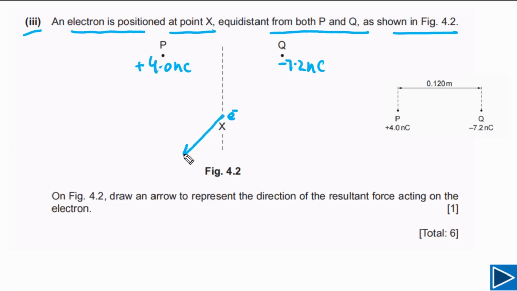So this is force on electron due to negative charge Q. And the force due to charge P will be attractive because these two are opposite charges. So the force will be in this direction. So this is attractive force. I draw this arrow shorter because force due to P is weaker than force due to Q. So we have these two forces acting on this electron.